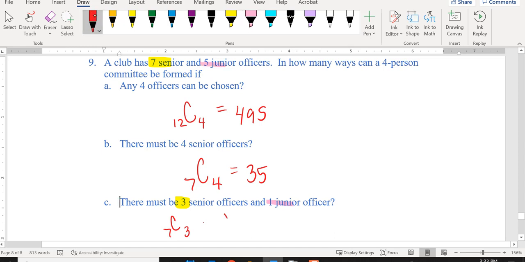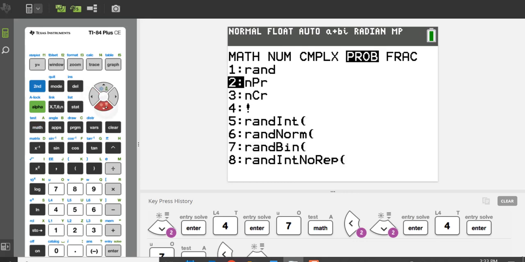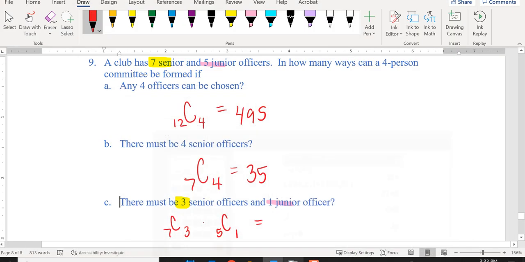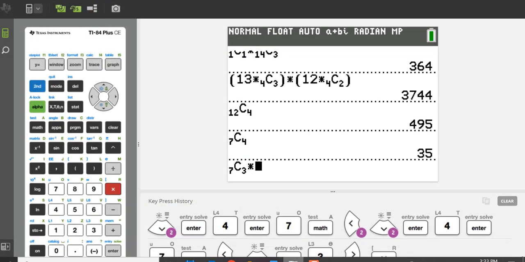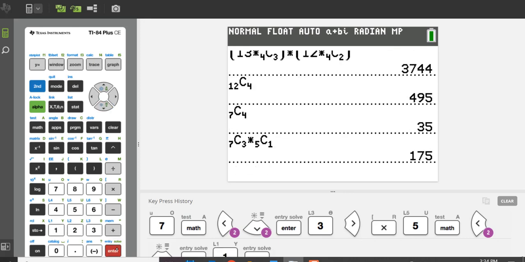So the combination of 5, choose 1. 7, choose 3, times 5, choose 1, and I get 175.